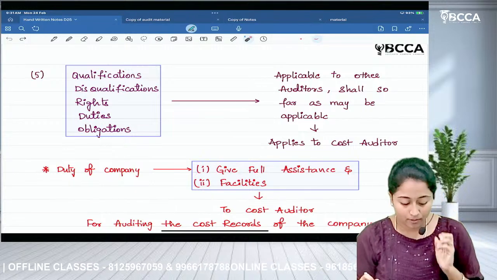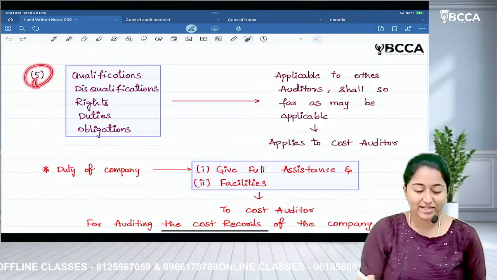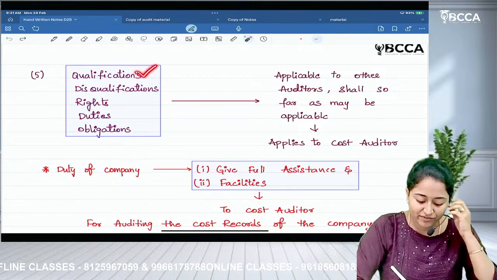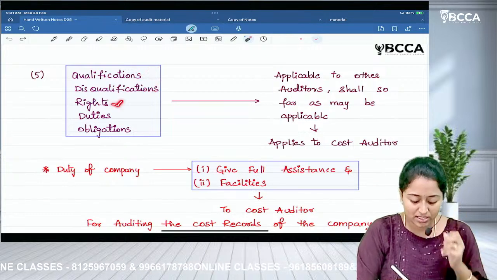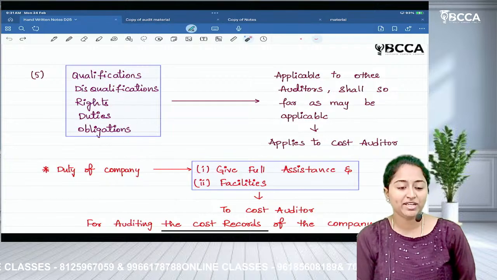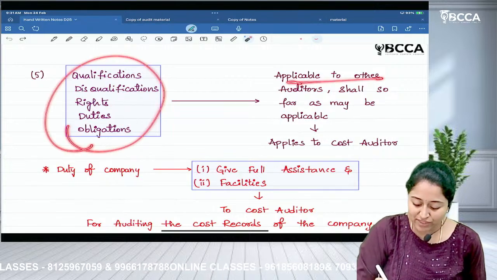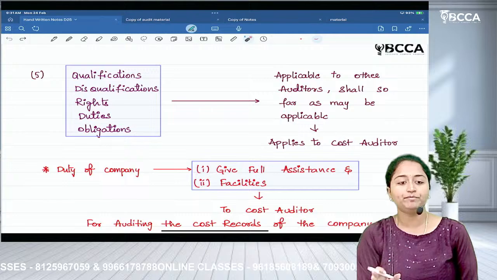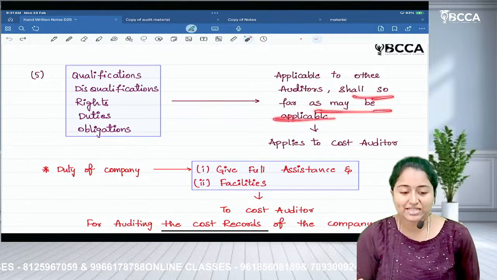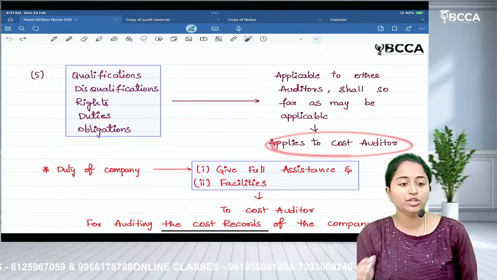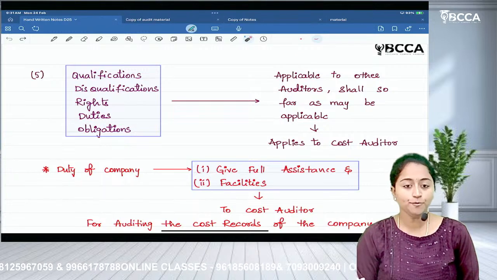Now, what is given under section 148 subsection 5? Qualifications, disqualifications, rights, duties and obligations. All this, if it is applicable to any auditor of a company, those will be as may be applicable to the cost auditor, that will become applicable to the cost auditor.